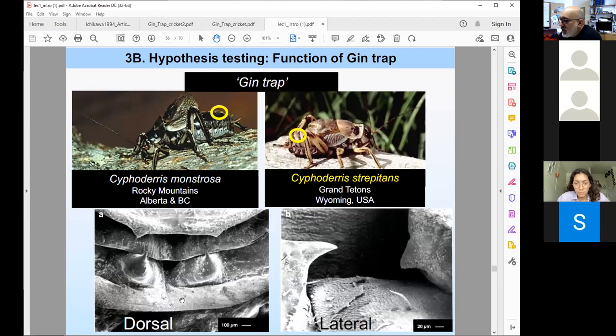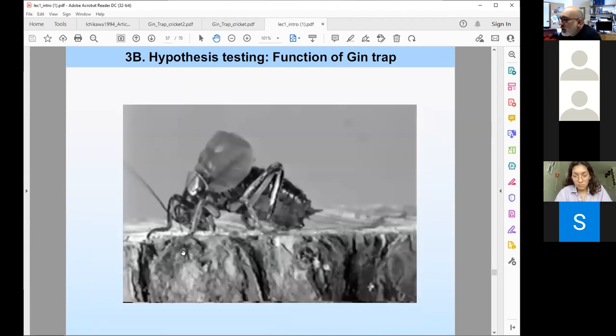This is electron microscopy of the trap, and you can see it has these spikes that can clamp down and grab the female. This is explained in the paper that I put on D2L. So the question is, what is the function of this so-called gin trap? Why do males clamp onto the females?